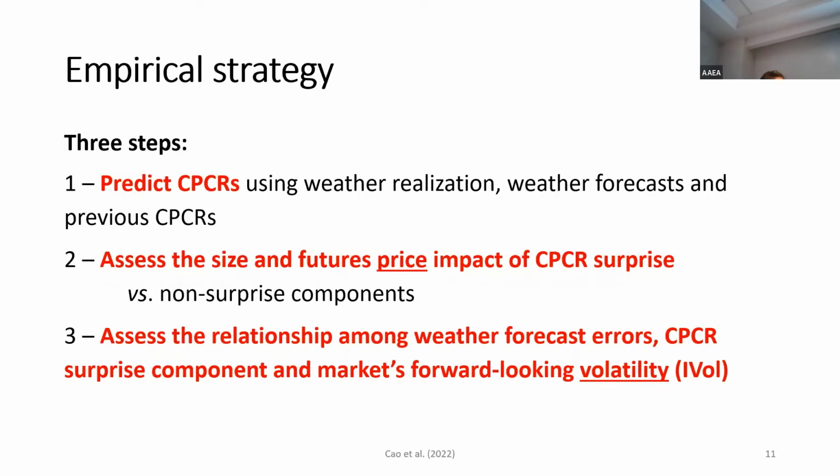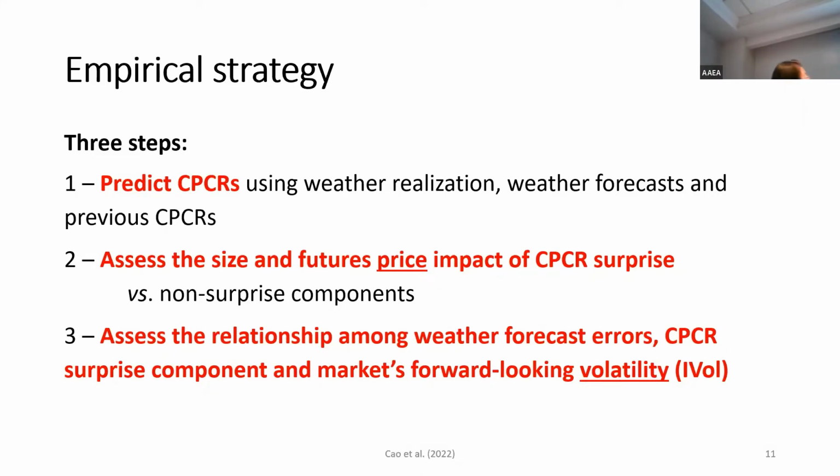The empirical strategy will be done in 3 steps. The first step, like I said, is to predict the CPCR using the weather realization, weather forecast, and all previous data of the CPCRs. In the second step, we assess the size and future price impact of this surprise component, which is the forecast error of the first step, and compare it with the non-surprise component.